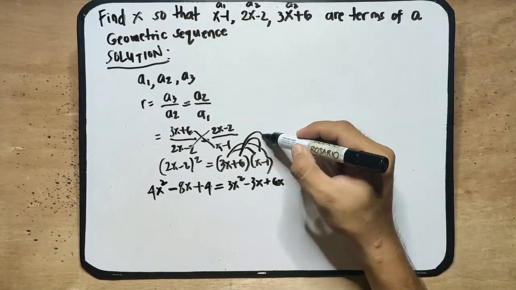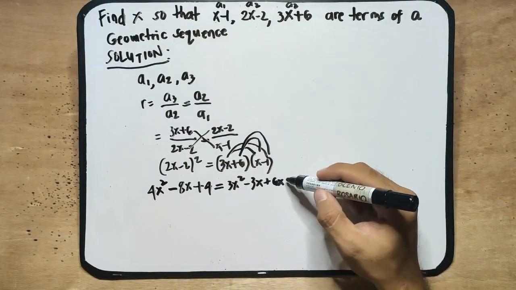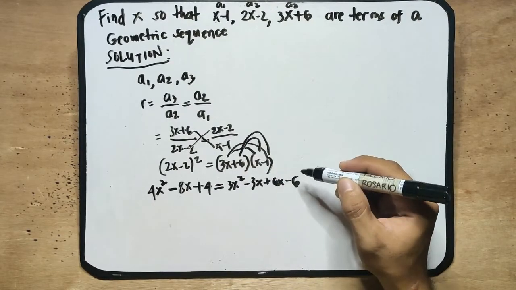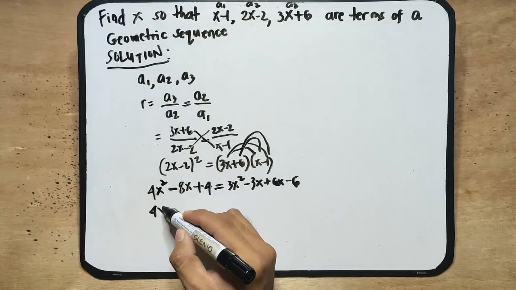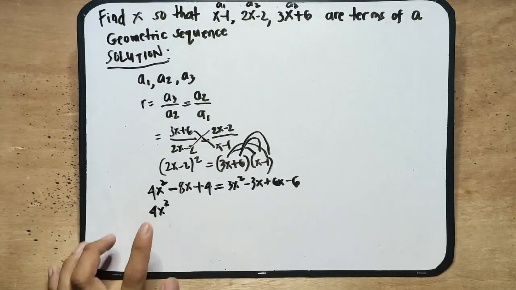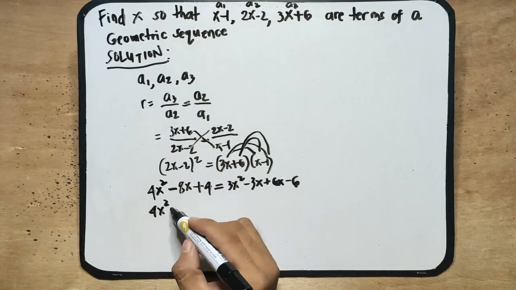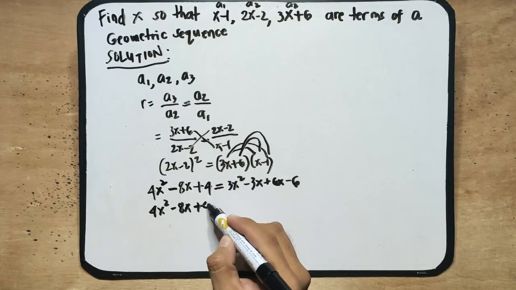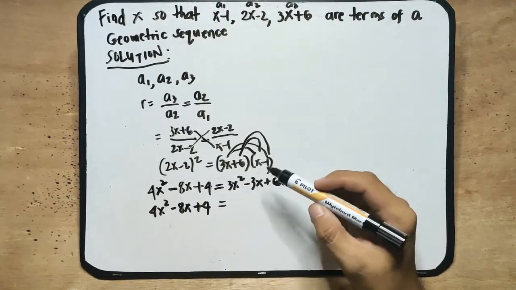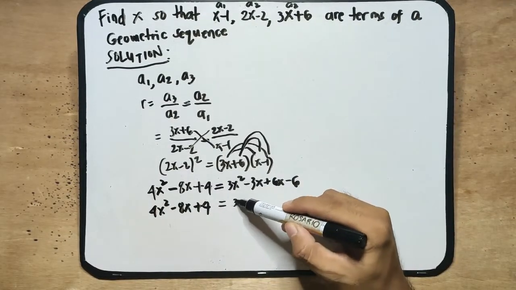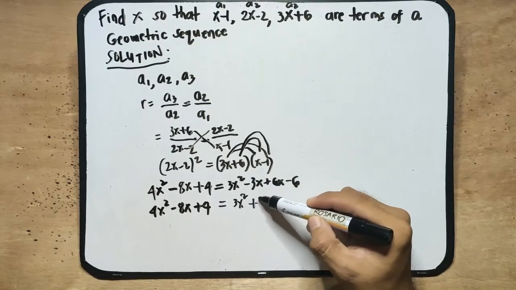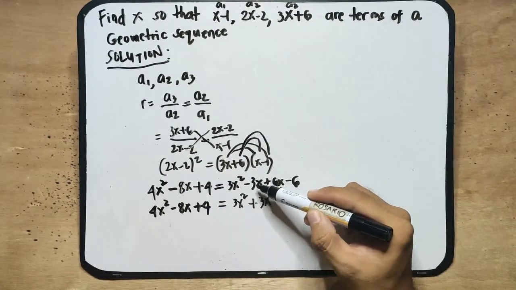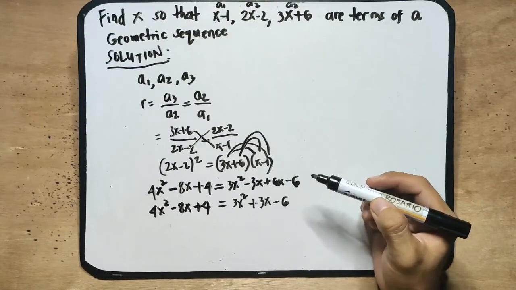And then 6 times negative 1 is negative 6. So simplifying everything, we have 4x squared minus 8x plus 4. That will be 3x squared plus 3x, kasi 6 minus 3 is 3, and then minus 6.